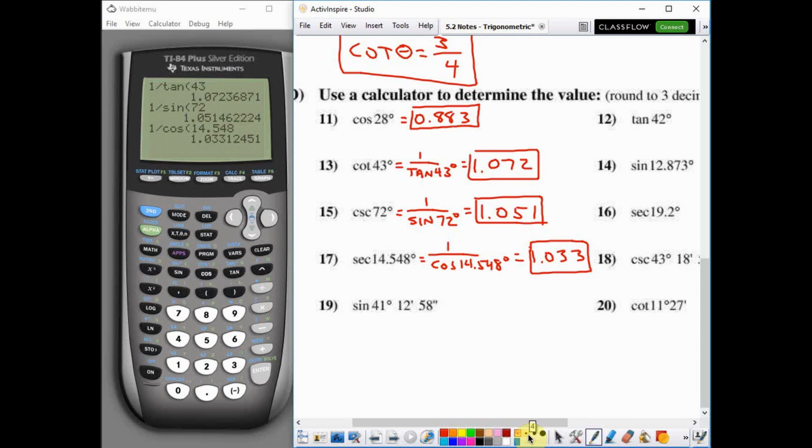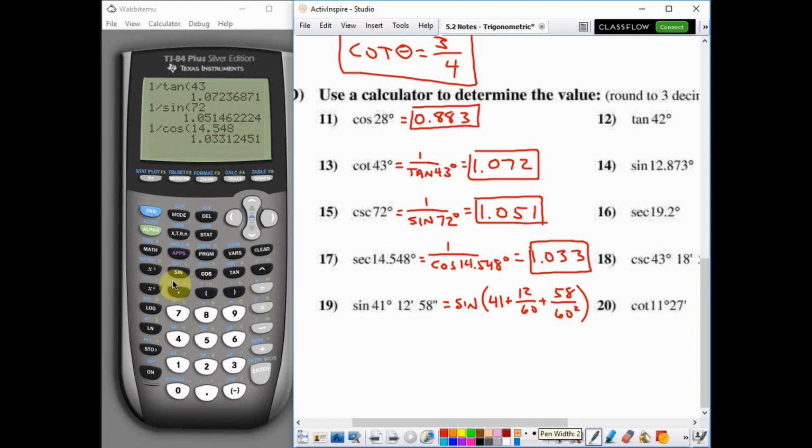And the last one is sine of 41 degrees, 12 minutes, 58 seconds. Now there are two different ways we can do this, and we'll do it both ways. I can convert that to decimal degrees by doing sine of 41 plus 12 over 60 plus 58 over 60 squared.